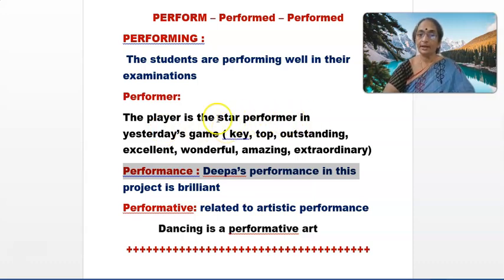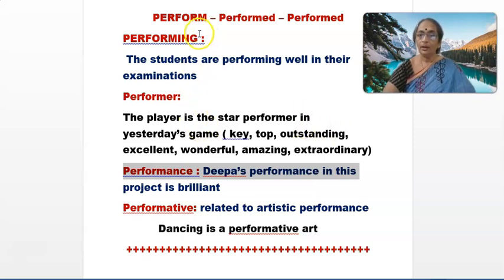He is the outstanding performer. He is the excellent performer. He is a wonderful performer. He is an amazing performer. He is an extraordinary performer. So these are all the adjectives I have listed for your easy ready reference. Whenever you get any doubt, please come back and refer to this list.